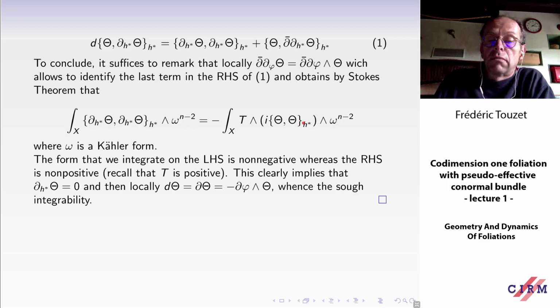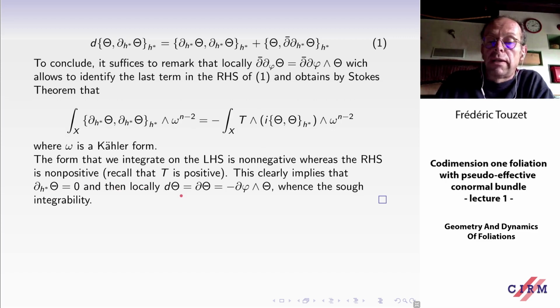So I can derive that both terms under the integrals vanish, particularly this one vanishes, and the vanishing property reads as saying that theta is closed with respect to the Chern connection, okay?